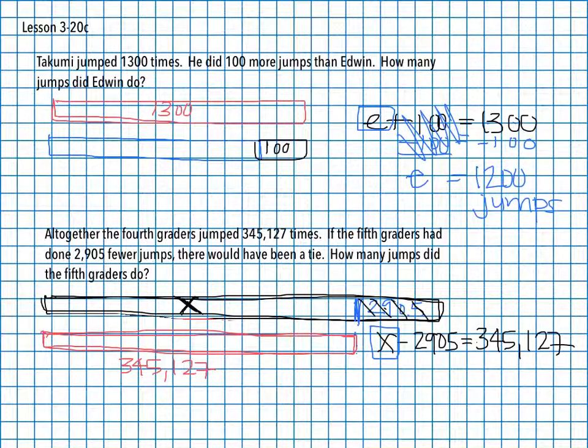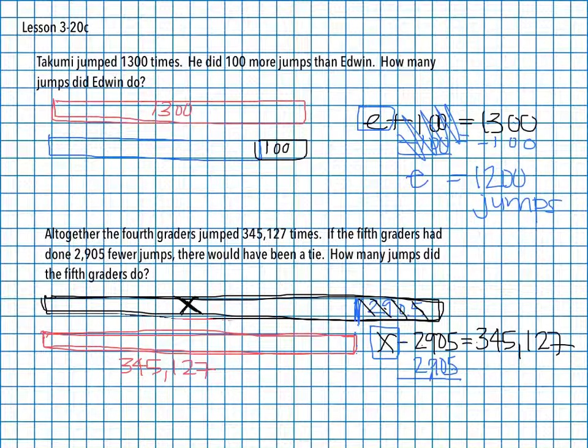So what we have to do is the opposite of, in this case, minus 2,905. What's the opposite of subtracting 2,905? Well, the opposite is going to be add 2,905. And whatever I do on one side, I have to do on the other. And boys and girls, we have to make sure that we're lining this up. This is my ones column, and here's where my comma would be.